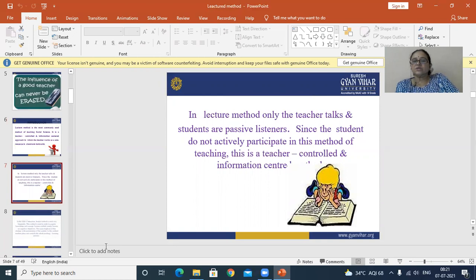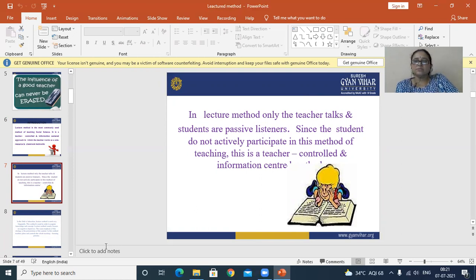In lecture method, only the teacher talks and students are passive listeners. Since the students do not actively participate in this method of teaching, this is teacher controlled and information centered.